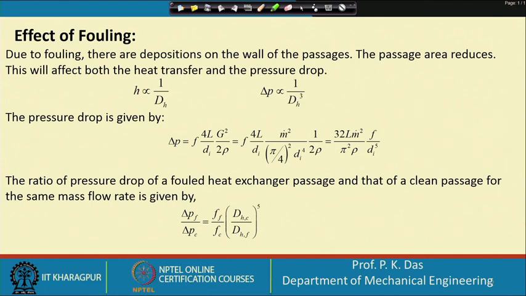If we take the ratio of pressure drops of a fouled heat exchanger and a clean heat exchanger, that means delta P_F divided by delta P_C, where F is the fouling condition and C is the clean condition, then the friction factors come into the picture, and the pressure drop is inversely proportional to the fifth power of the diameter.